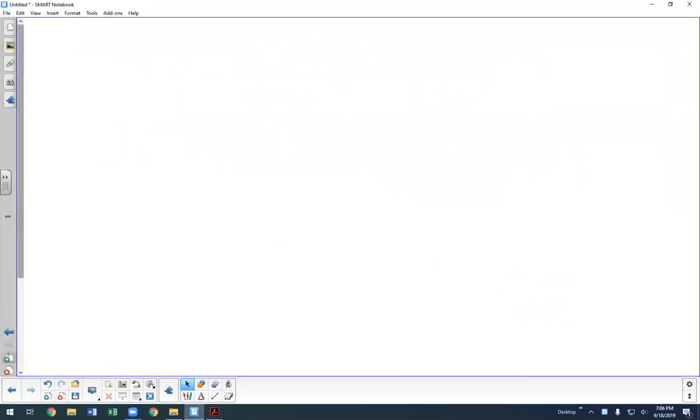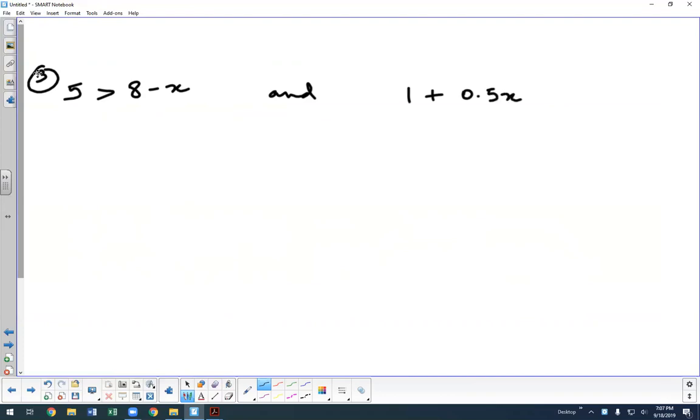They will be very similar to what we did in the previous example, but we'll do it for both sides. So you've got 5 greater than 8 minus x, and 1 plus 0.5x less than 4. On the left-hand side, what should I do?